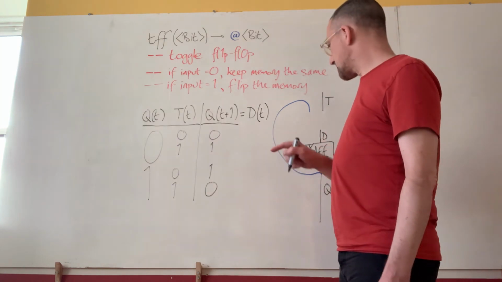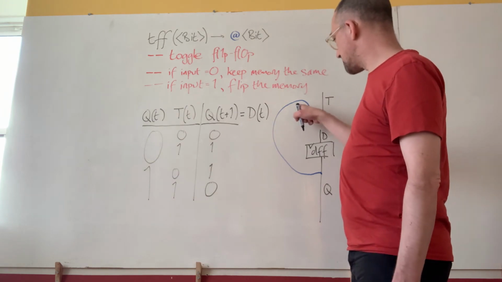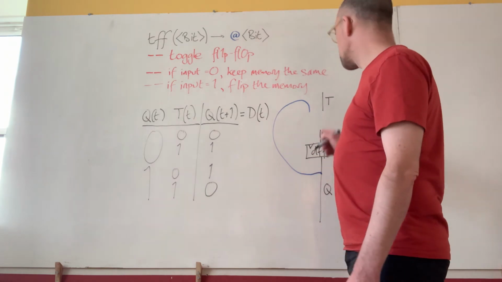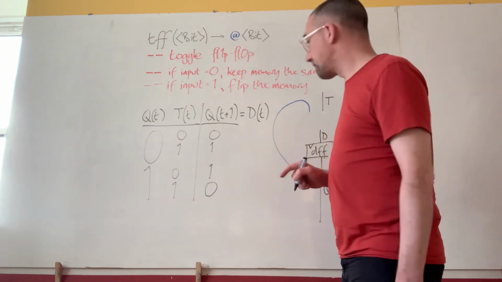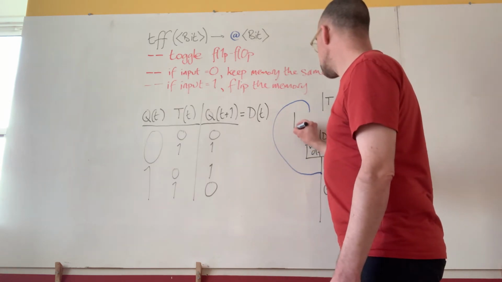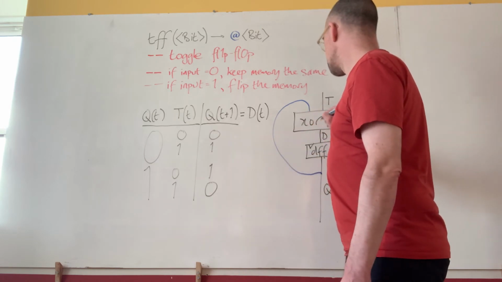So this is exactly the truth table for the D component we need, and here's Q of t, and here's the control signal T at any given time. So this is exactly the truth table for the component that goes in this hole, and we should recognize it straight away as being an exclusive OR gate.